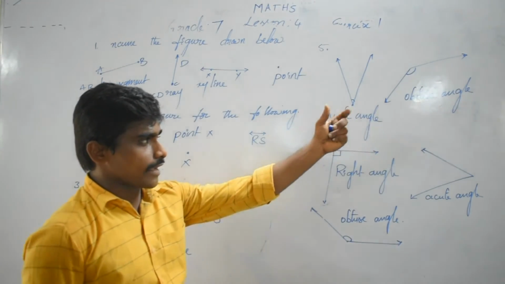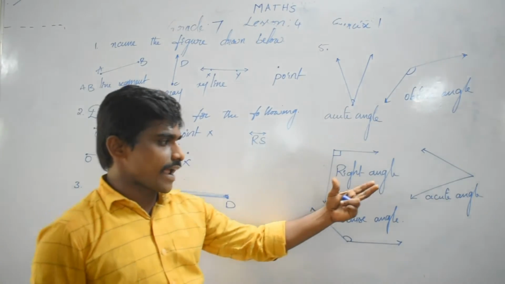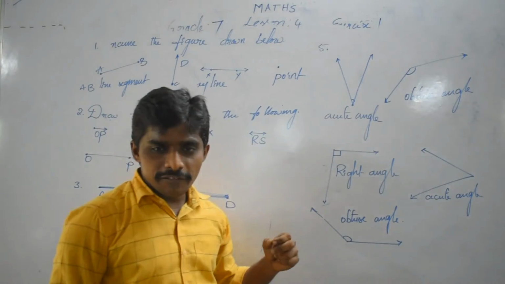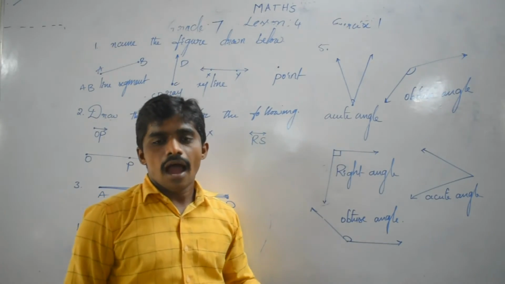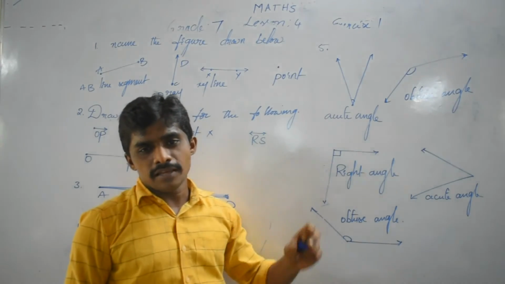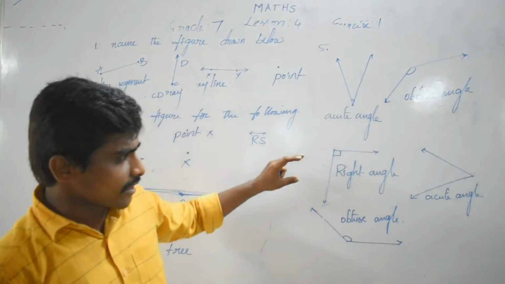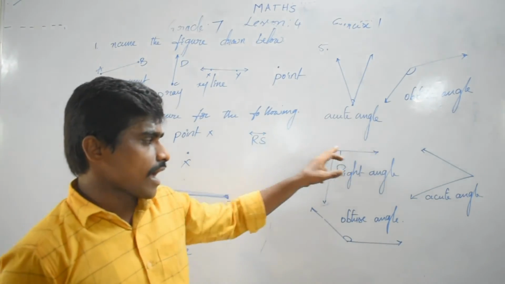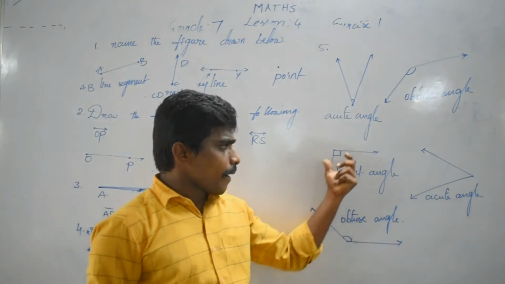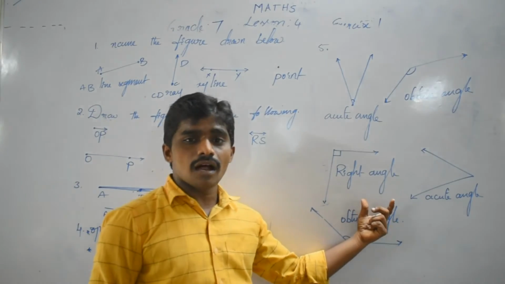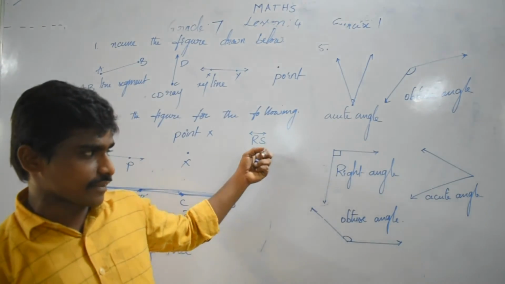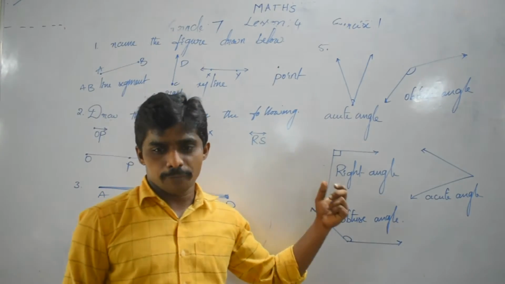So acute angle, obtuse angle, right angle, acute angle, obtuse angle. So we can easily identify from pictures, depending upon the angles. Right angles always show perpendicular lines. Between them we call it an acute angle. After the line segment, it forms an obtuse angle.